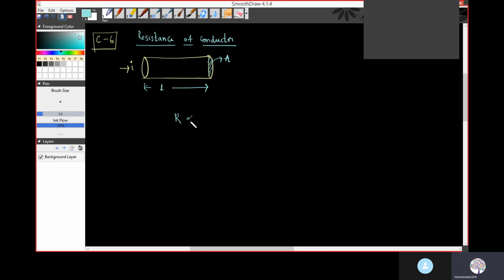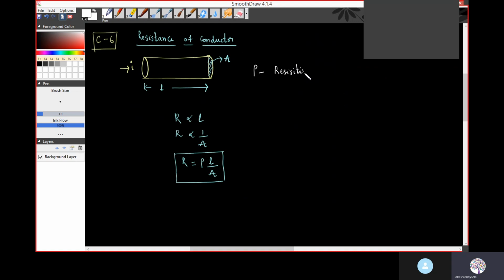Resistance is directly proportional to the length of the conductor and inversely proportional to the area of cross section. Then resistance is equal to some constant rho into L by A. R is equal to rho L by A, where rho is called resistivity.